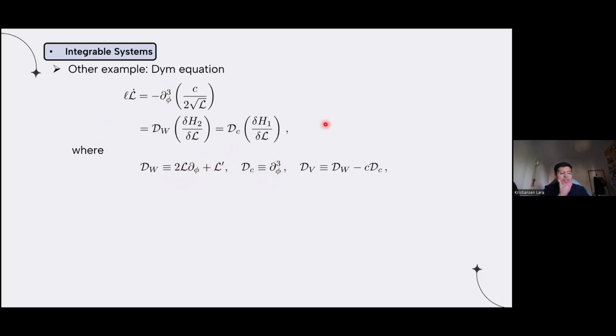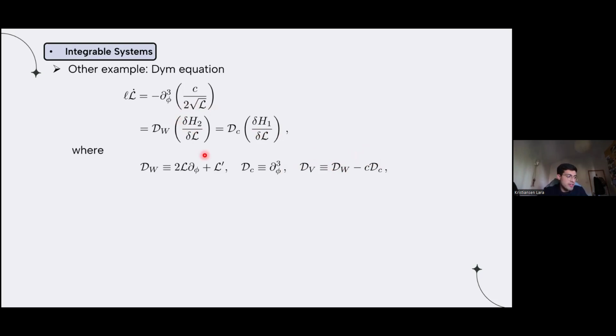And notice the following: Dv, remember that Dv was one of the Hamiltonian operators of the KdV equation, and remarkably, this Hamiltonian operator associated to a different integrable hierarchy, the KdV hierarchy, splits into two different Hamiltonian operators, Dw and Dc, associated to a completely different hierarchy, the dim hierarchy.